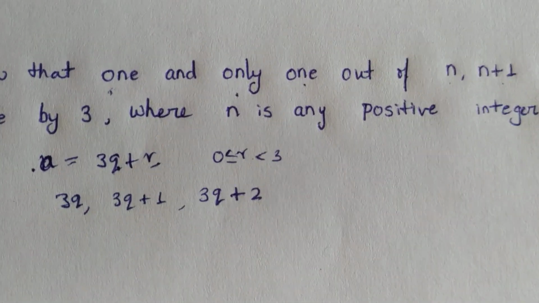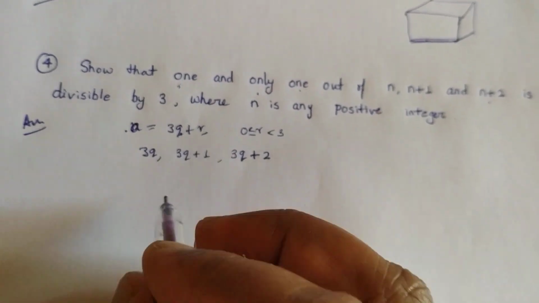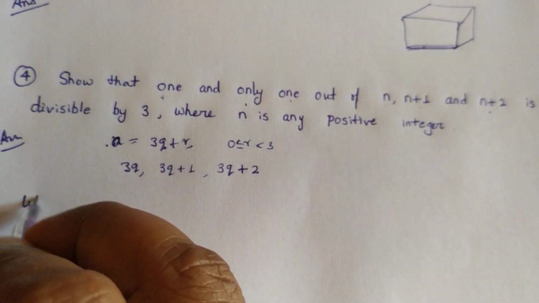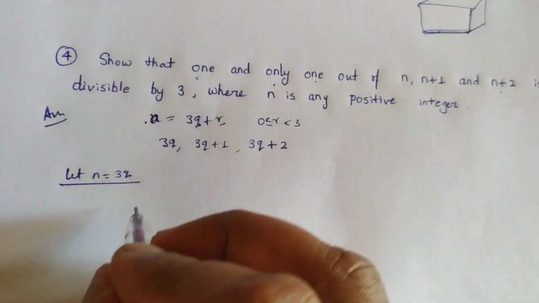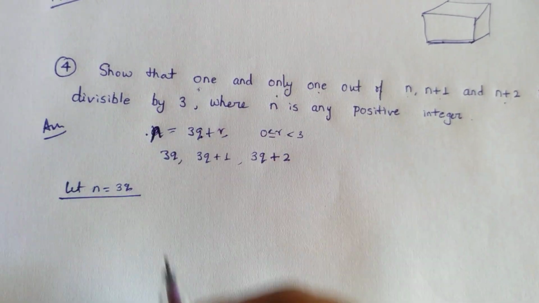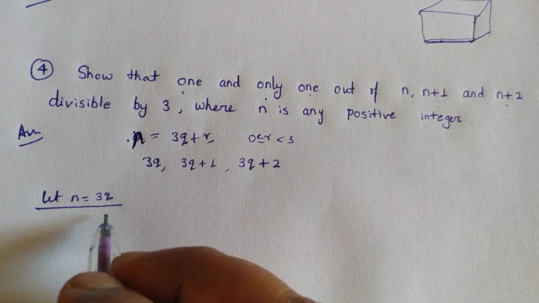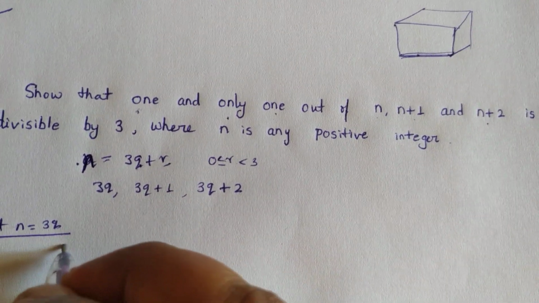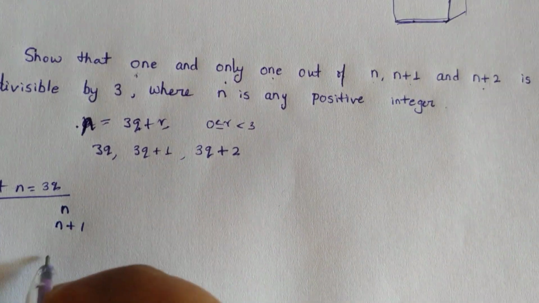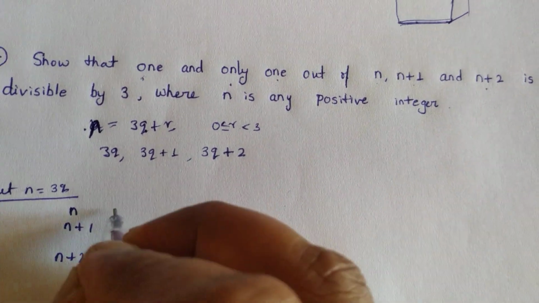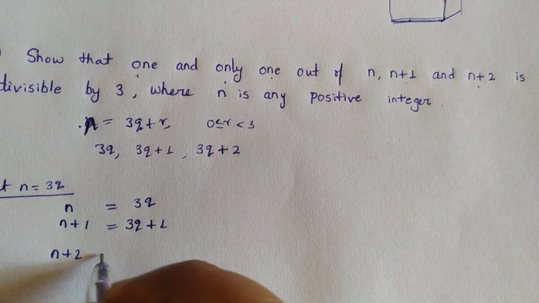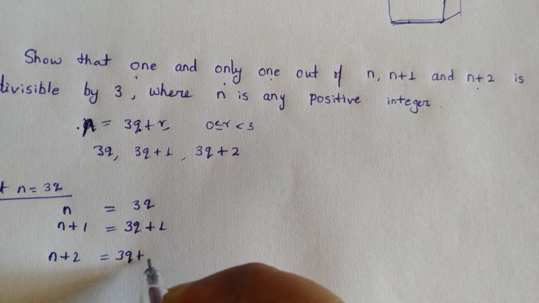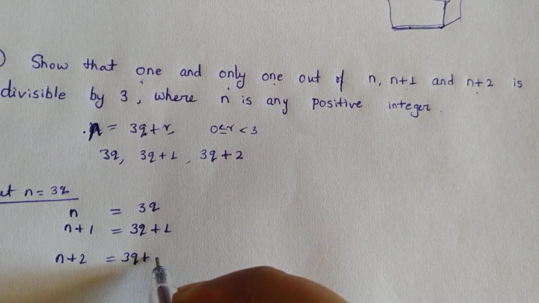Now suppose n is equal to 3q. Now we have n plus 1 and n plus 2. So n is 3q, n plus 1 is 3q plus 1, n plus 2 is 3q plus 2.